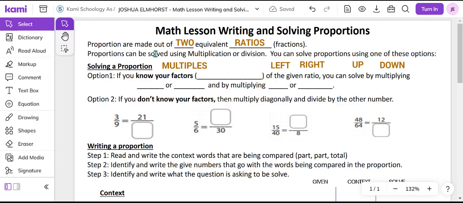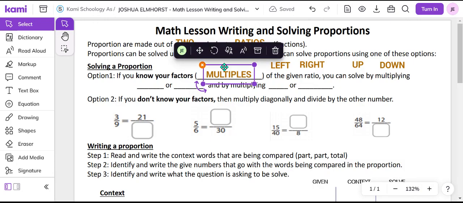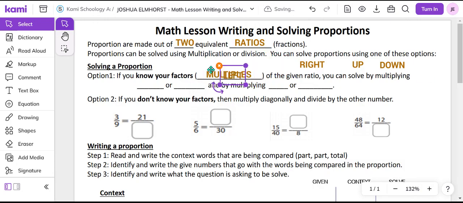So proportions can be solved using multiplication or division, and you can solve the proportion using one of these options down below. So if you know the factors or the multiples of the given ratio, you can solve the proportion by multiplying left to right or right to left.